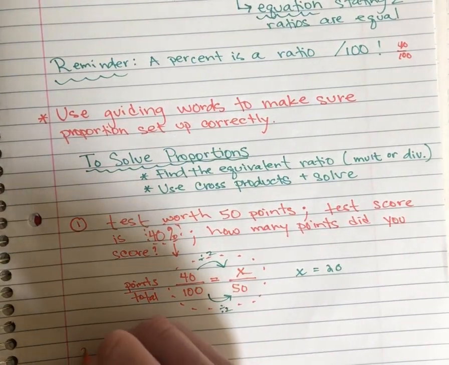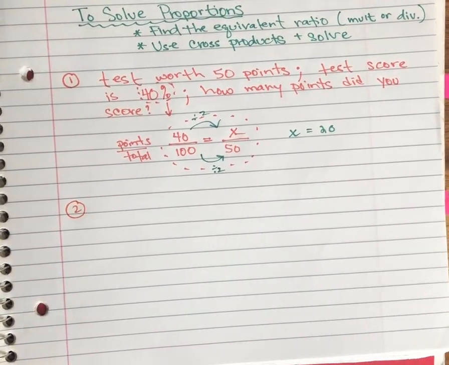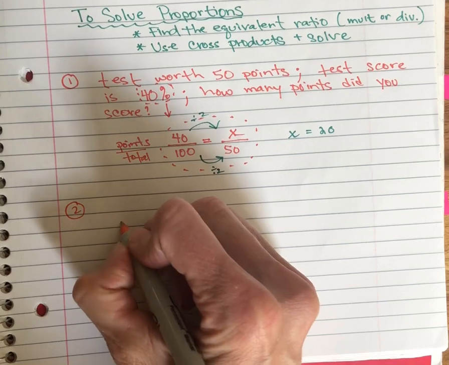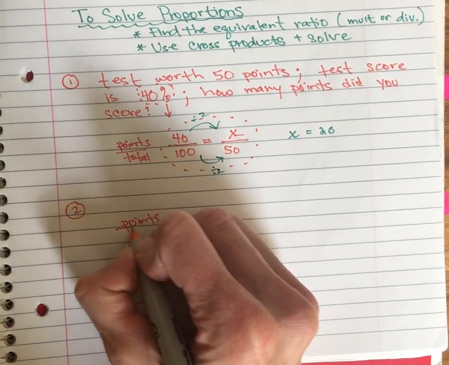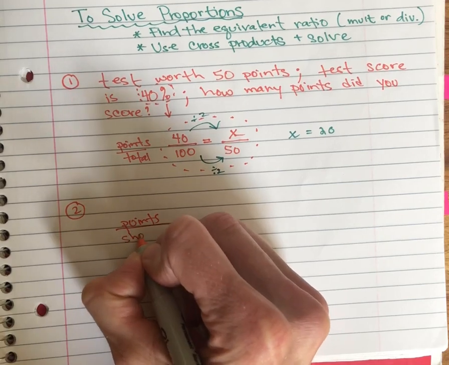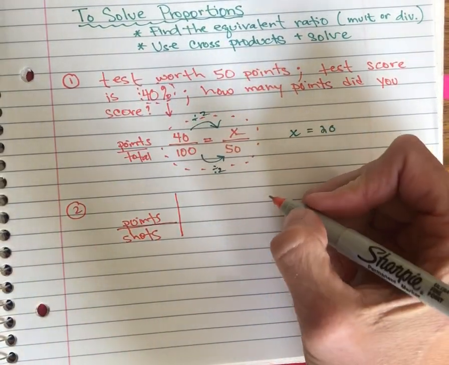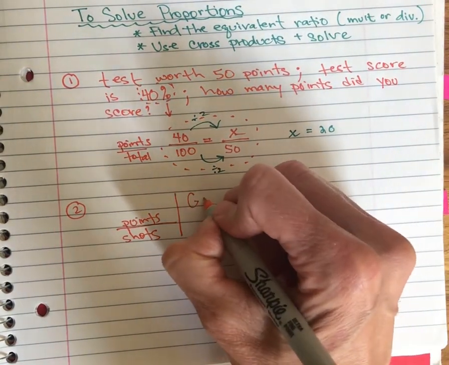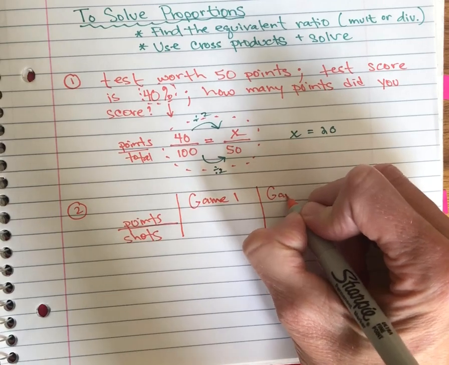Number 2. So now the information is going to be presented in a table. We'll call it points and shots. Maybe it's a basketball game. Maybe it's a hockey game. I don't know. So game 1 and game 2.